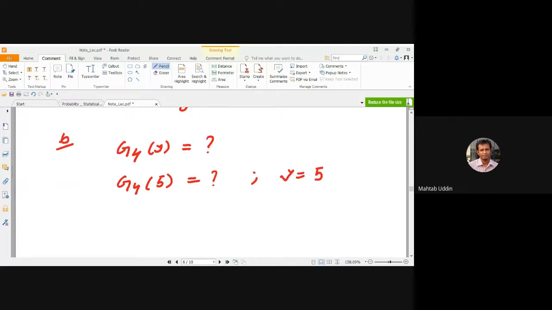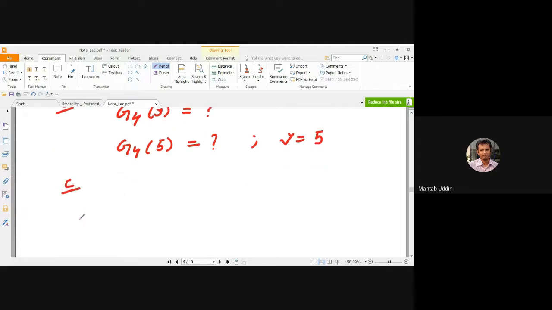And then finally, part c. Probability 1 less than y1. This is actually the probability y1 greater than 1. Oh, sorry, greater than 1.